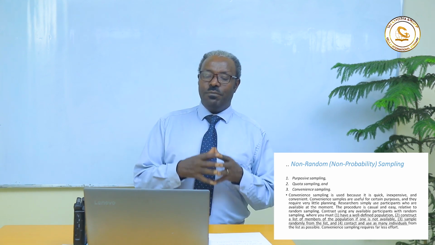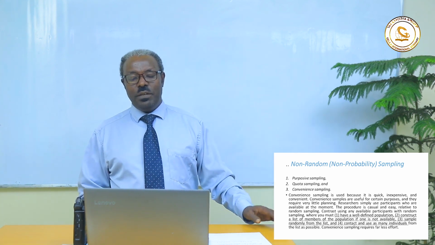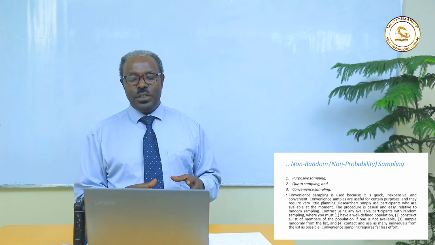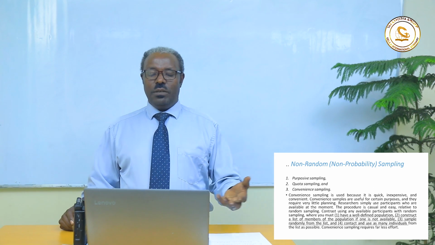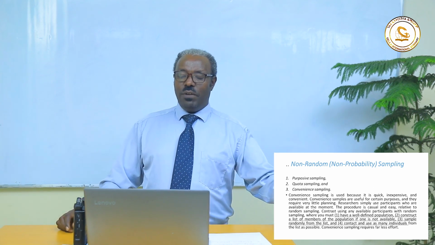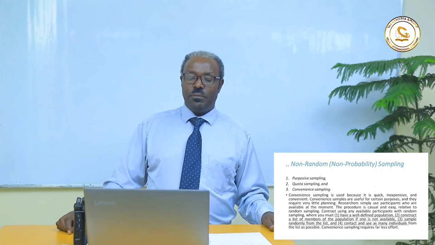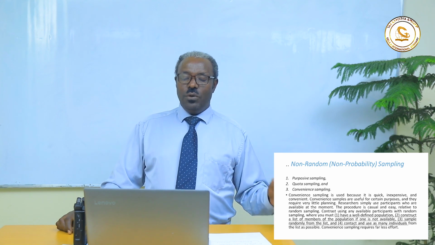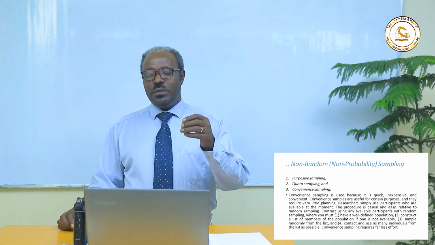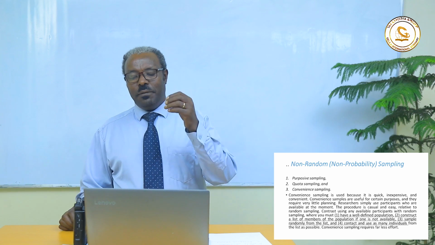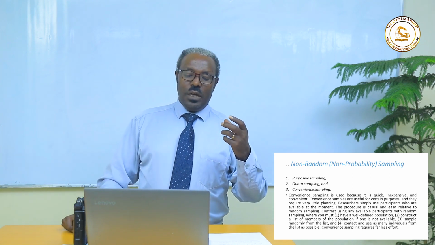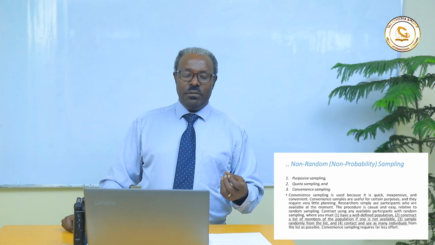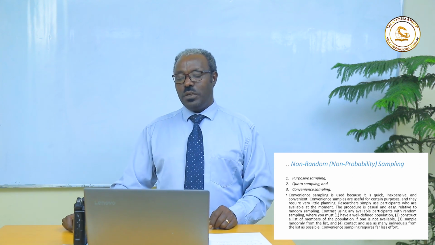When we are focusing on convenience sampling, the procedure is easy, just using available participants, whereas random sampling requires a well-defined population. First, construct a list of members of the population.